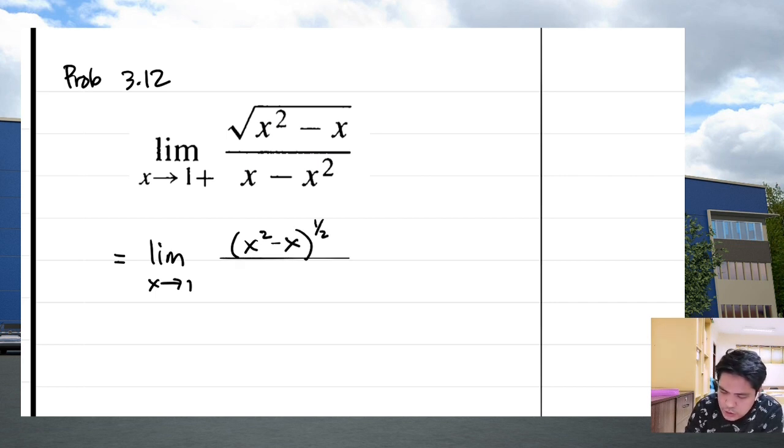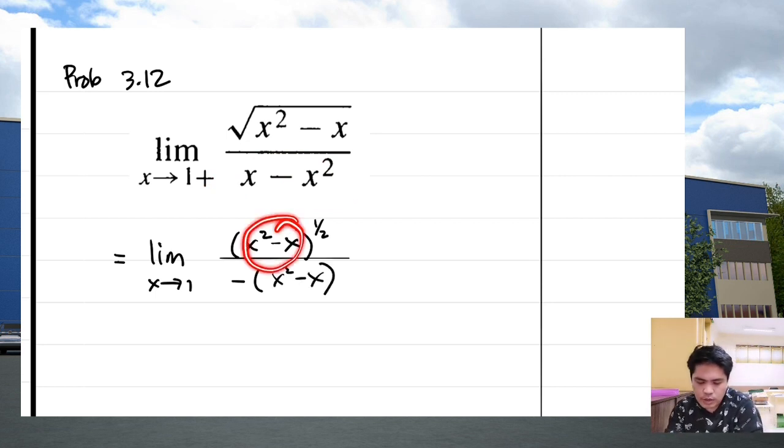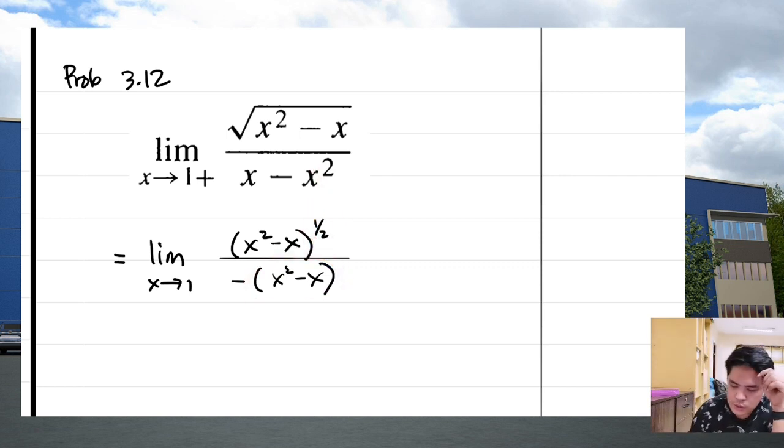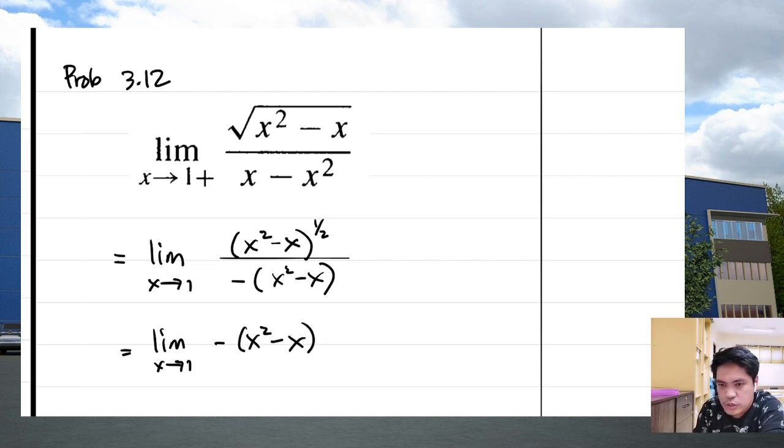And yung denominator naman, I could factor out negative, so that becomes negative x squared minus x. So therefore, pareho na sila ng base. This is raised to 1/2 and this one is raised to 1. So the same base, if we divide that, we just subtract the exponents. No? So we have the limit as x approaches to 1 of negative x squared minus x raised to 1/2 minus 1. That's negative 1/2.